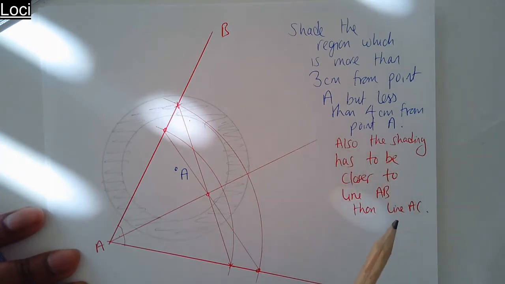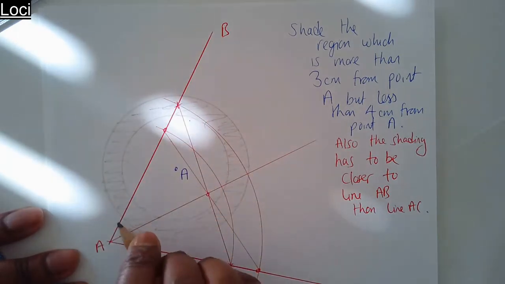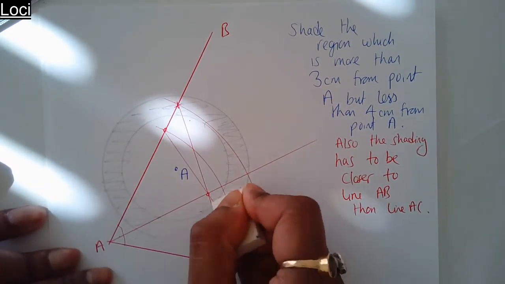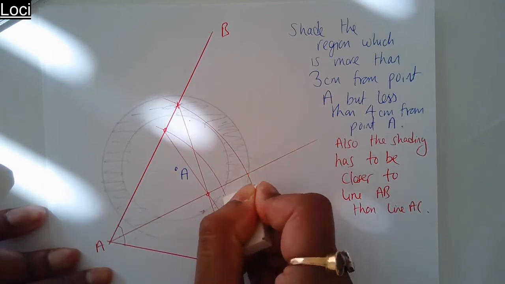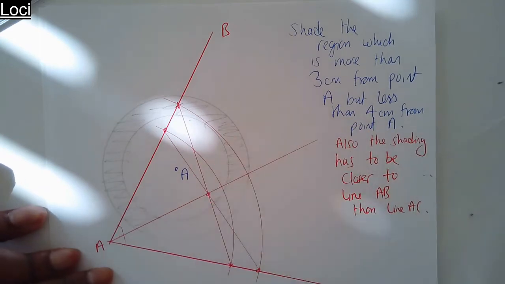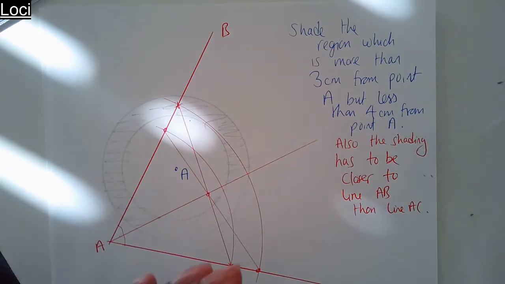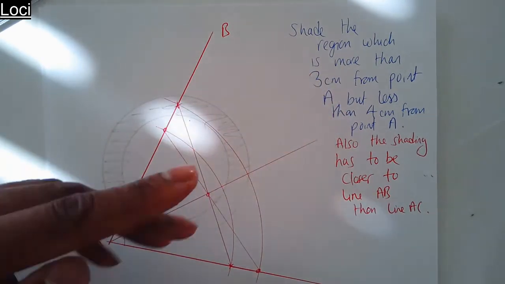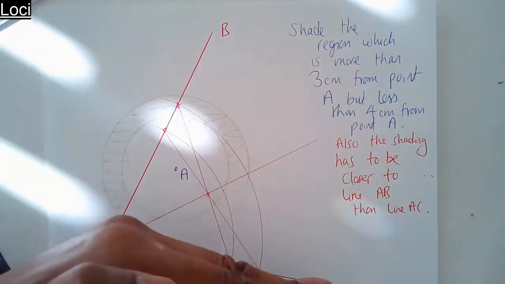So the shading has to be closer to line AB than line AC. So the bits I don't need, I'm just taking this out. So you can see now, the shading over here is closer to line AB than line AC.